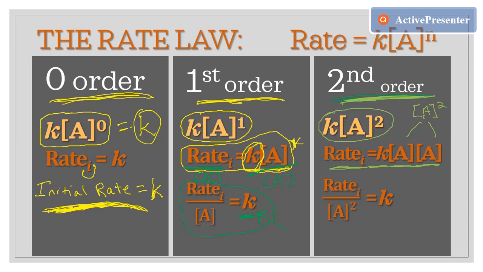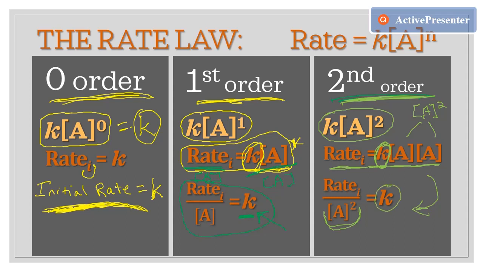So if you're solving for K, you don't know what the rate constant is for this formula, then you want to keep K on this side of the equal sign and get everything else over on the other side. You want to isolate the K. So we just took the concentration of A squared and divided by it, and so the initial rate divided by the concentration of A squared is going to equal your K.